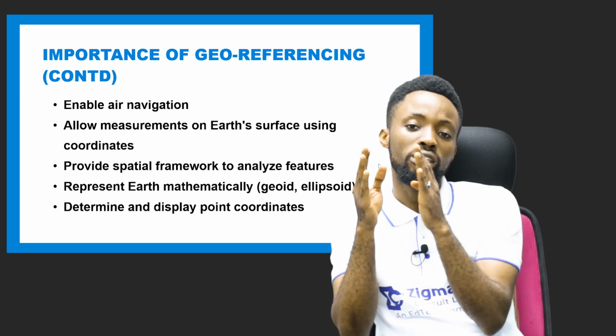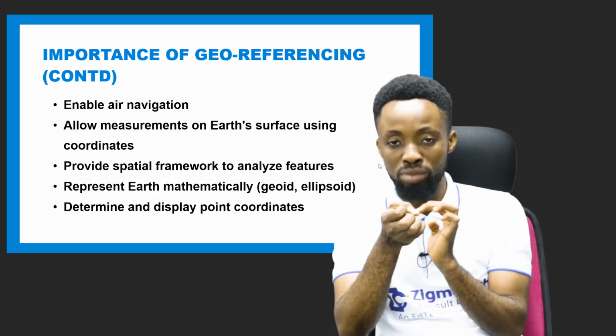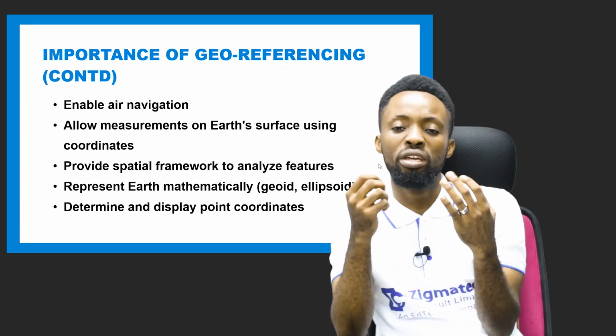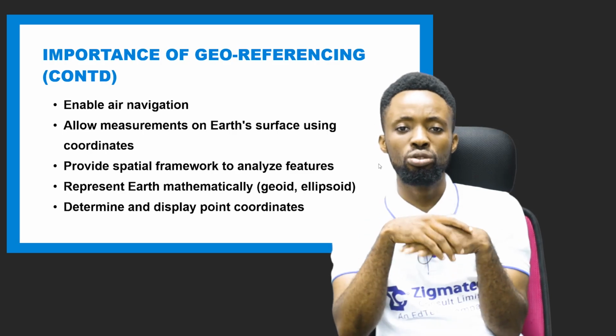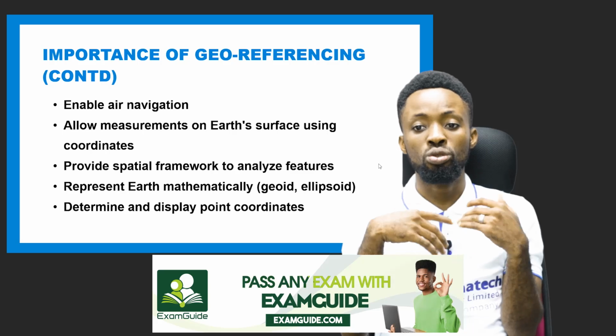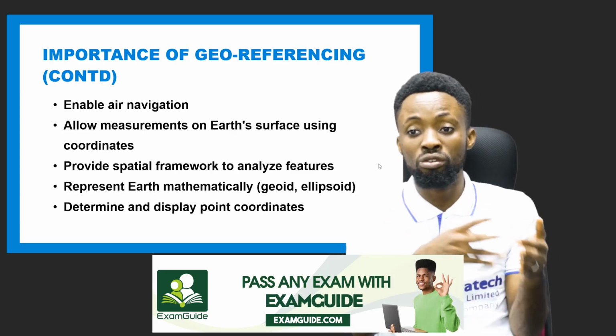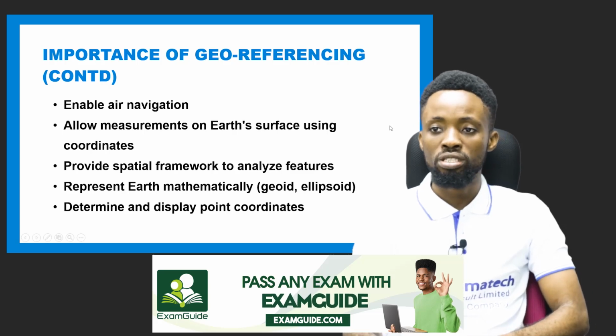Without georeferencing, it will be very difficult to carry out this mathematical illustration of how the Earth is, or how the orbit of the Earth is. And also georeferencing helps us to display point coordinates, and also to determine the value of these coordinates that we have on the Earth's surface.